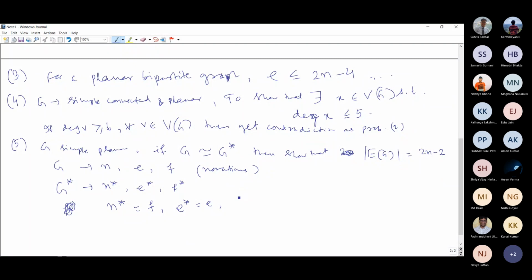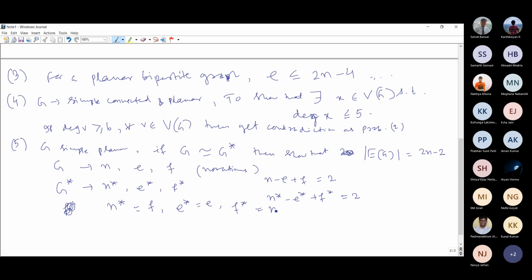Since both G and G star are planar graphs, both of them satisfy Euler's formula: n minus e plus f is equal to 2, and similarly n star minus e star plus f star is also equal to 2. So if we equate these two equations, then you get f star is equal to n.